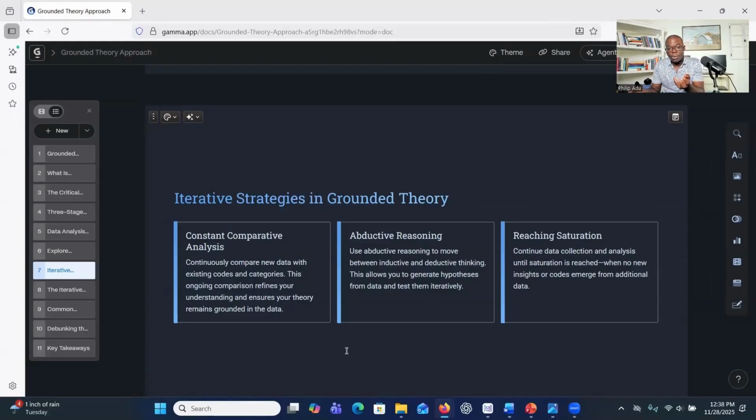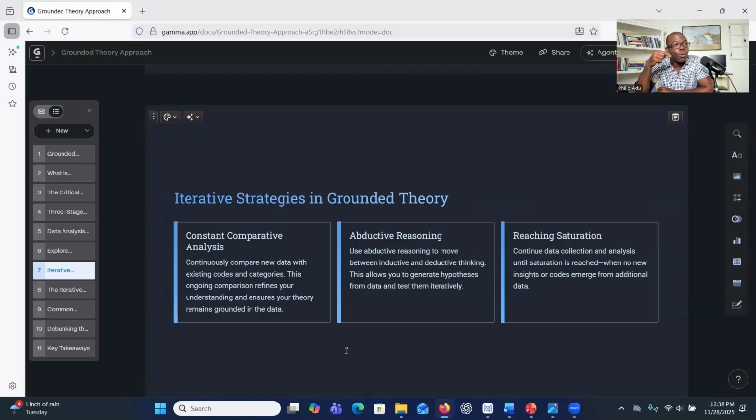Does the data support that? Always using the existing data or new data to help you establish the connection is very important. You can do the same thing when you reach the theoretical coding stage where you explore relationship between themes. So constant comparative analysis is so important, constantly comparing what you are doing with the data to make sure that the data reflects what you are doing.